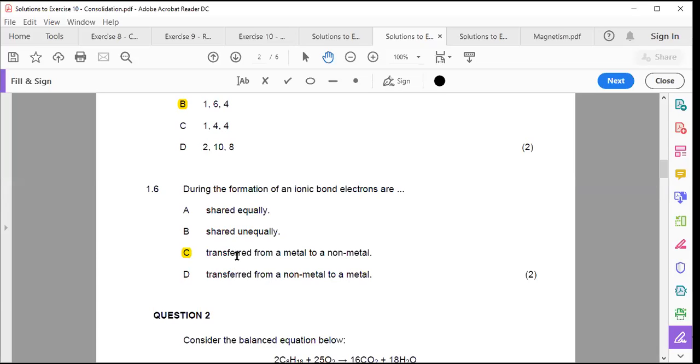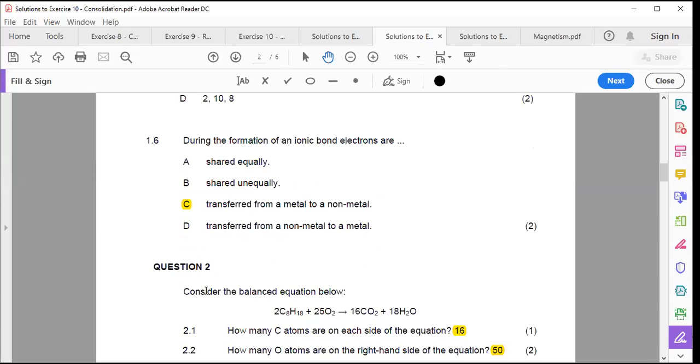So the answer is between C and D. Electrons must be transferred in an ionic bond. But from which element to which element? We know metals lose, so they give to non-metals. So it must be a transfer from metals to non-metals, not from non-metals to metals. It should be from metals to non-metals. So the correct answer is C.